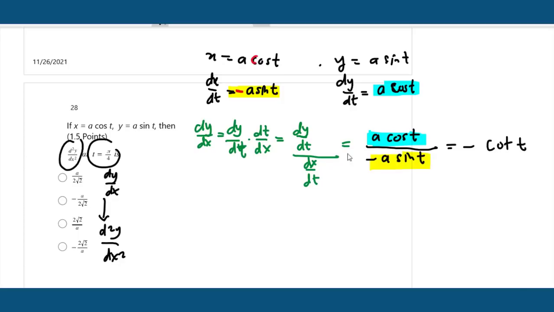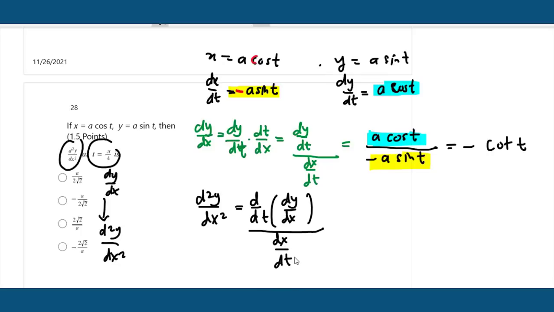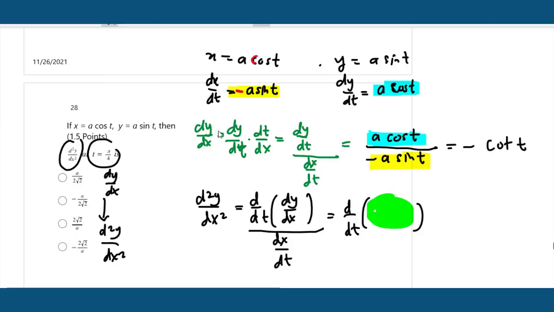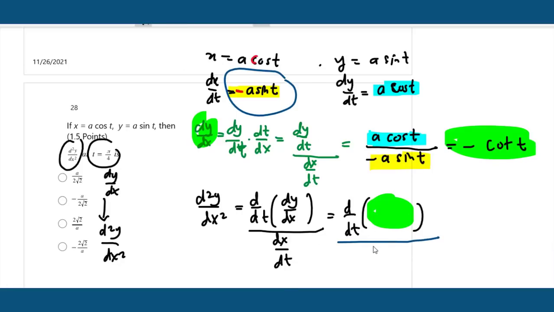Settle for dy/dx. Now we're going to find d²y/dx². The formula is d/dt of dy/dx, over dx/dt. So first thing, you need to differentiate dy/dx, which is negative cot t, and over dx/dt. For dx/dt just take this value.